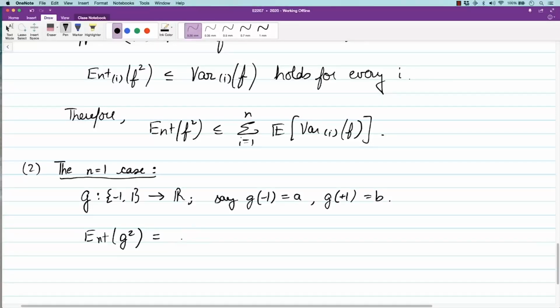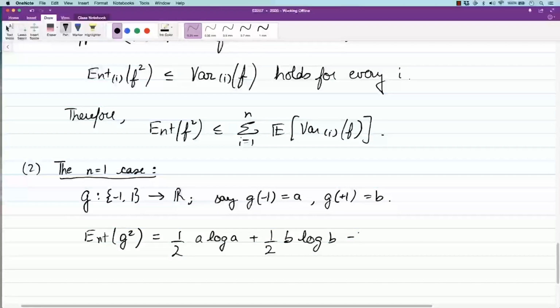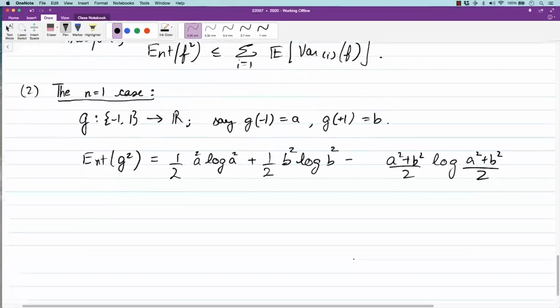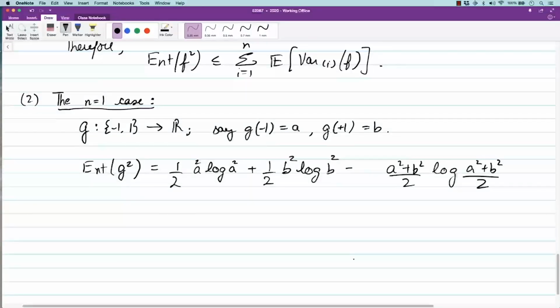So with probability half, g takes the value a, so you get a square log a square. With another probability half, g takes the value b, so you get b square log b square. Minus, what's the expected value of g square? That's (a square plus b square)/2 times log of (a square plus b square)/2. That's the entropy. And we would like to show that this guy is less than or equal to something.